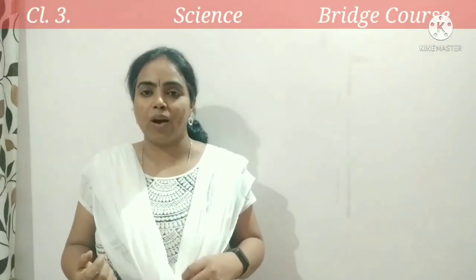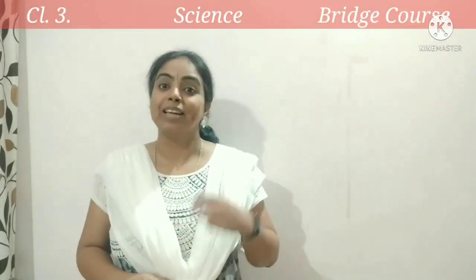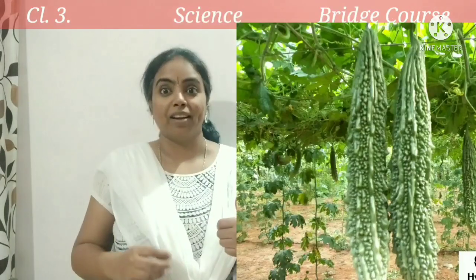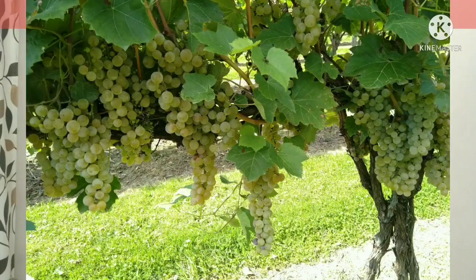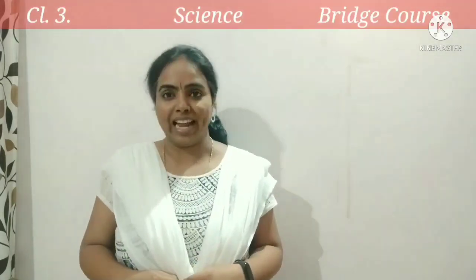Such plants are called climbers. Now can you think of some examples for climbers, children? Yes, some common examples of climbers are the pea plant, bitter gourd, grapevine, money plant. All these are examples of climbers.